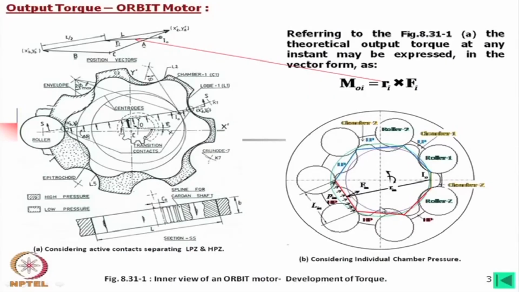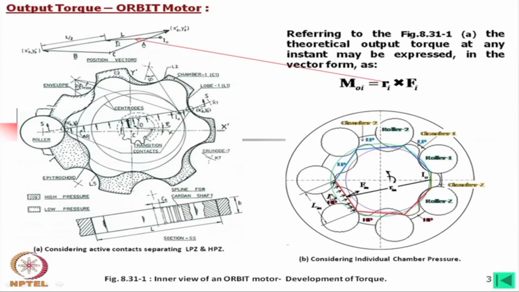Now, instead of considering the beam like this, we may also consider all contact points joined together, and in that case we will get 7 such lines, which are obviously not equal in length.